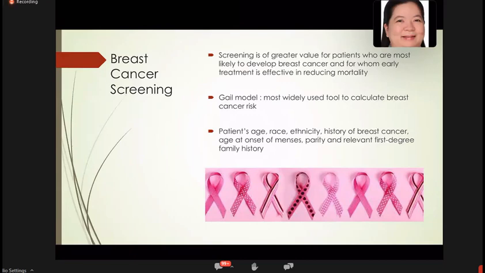Again, I repeat, relevant first degree family history, okay? So, ako personally, I really use the Gail model, though we include this, no, sa history.